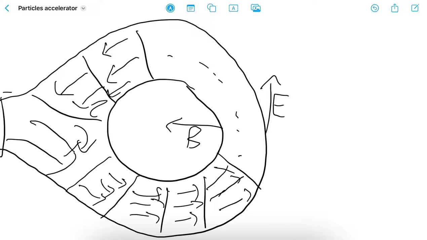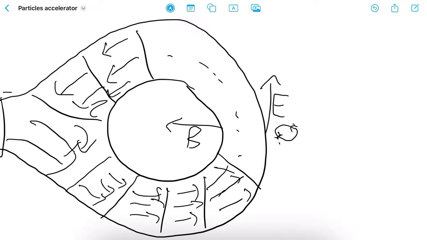It's by a loop of currents that flows through it, and that loop of currents will generate a magnetic field, and the magnetic force is perpendicular to the electric force.